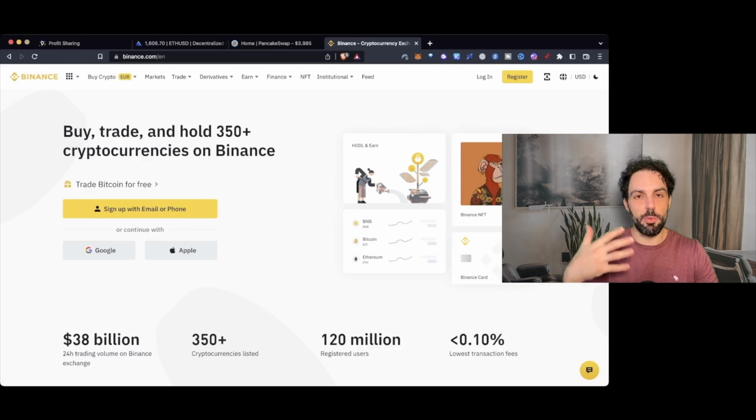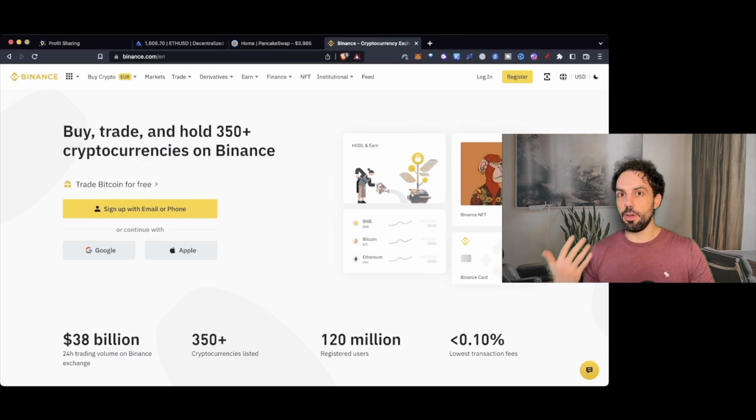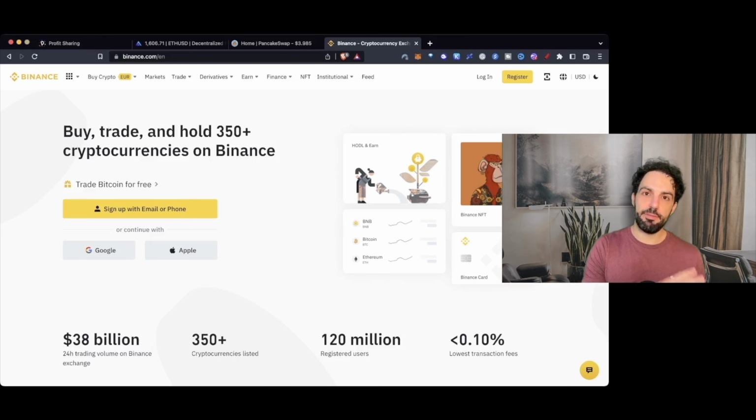Let's say that the movement is just 3%. If you are using a leverage of 10x, even if the movement was 3%, you can get a profit of up to 30%. So the difference is big. And many services are offering you a leverage up to 50 or even 100x in some cases.